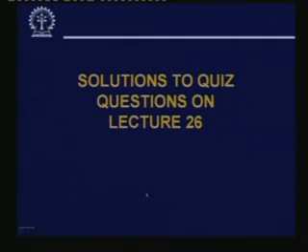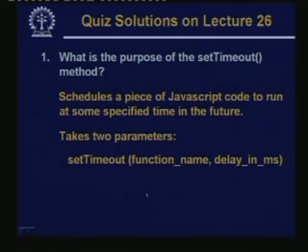Now, let us see some solutions to the problems of our previous lecture. So, in our lecture number 26, the first question was, what is the purpose of the setTimeout method?